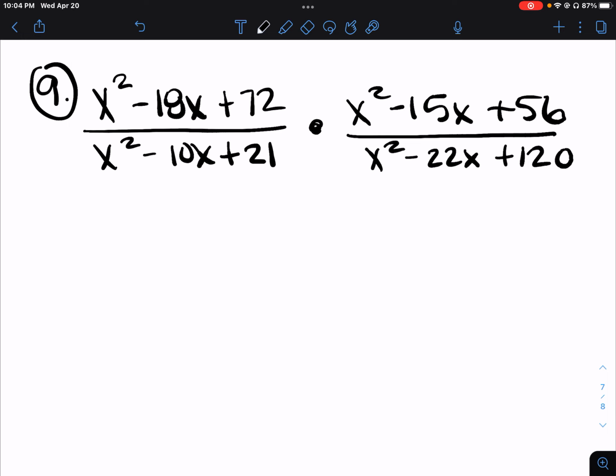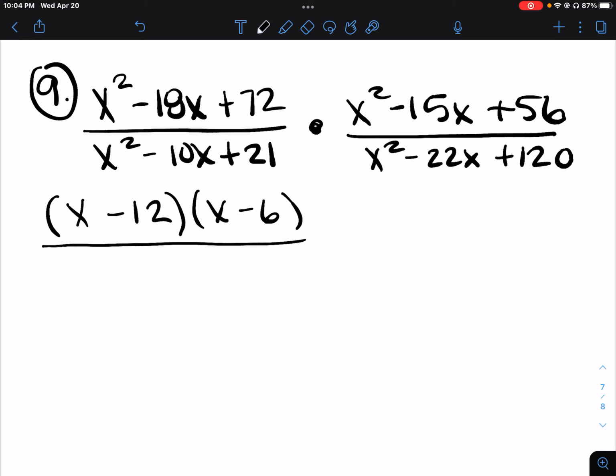Okay, so all of them are trinomials with an understood 1. So we multiply to the last number and add to the middle number. Okay, so for the top left, multiply to 72, add to negative 18, would be minus 12 minus 6.